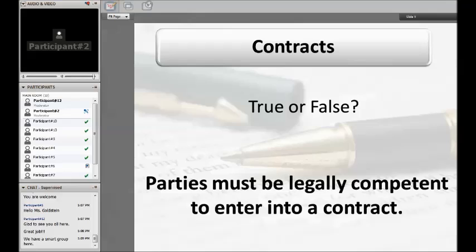Here's another one. Parties must be legally competent to enter into a contract. Competent means that you are able to understand what's in the contract. You're old enough and you have the mental capacity to understand what is in the contract. Is this true or false?